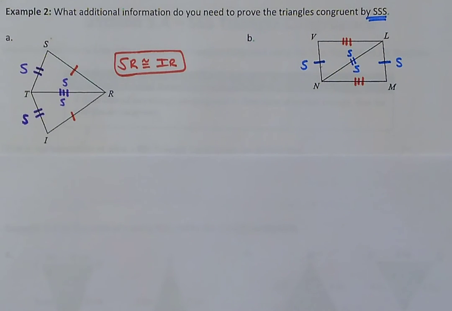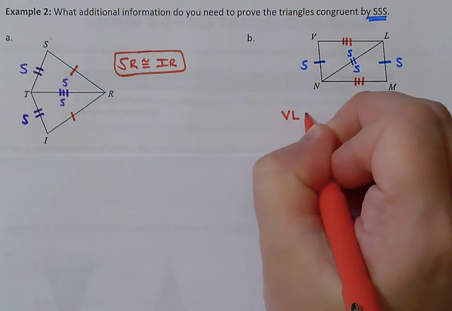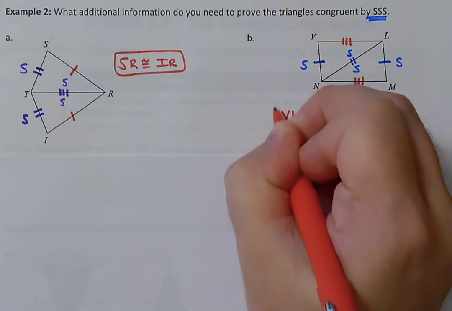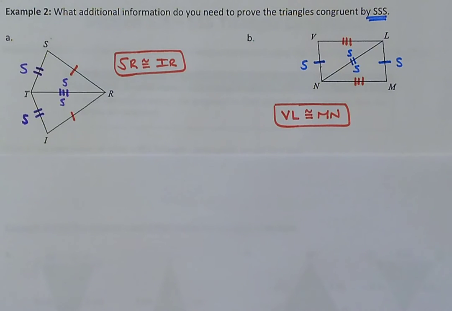And that will have successfully accomplished the side, side, side. So I can say that VL is congruent to MN. And that is my answer for example 2, part B. Alright, so that is it for example 2 in identifying additional information you need to prove the triangles are congruent based off side, side, side.